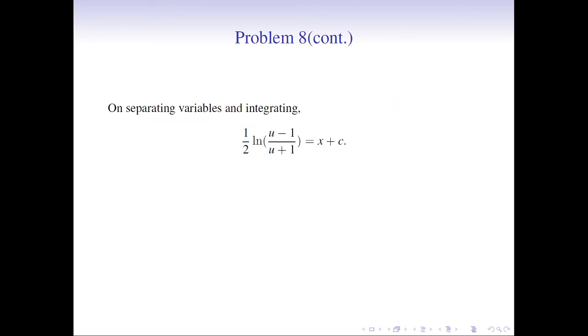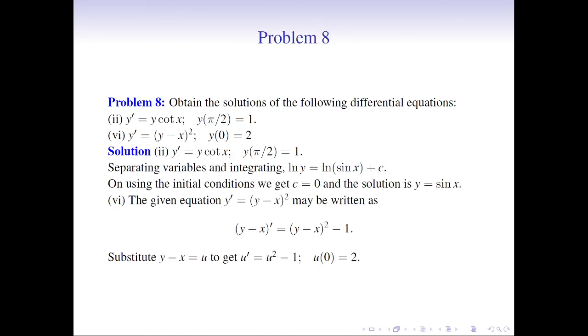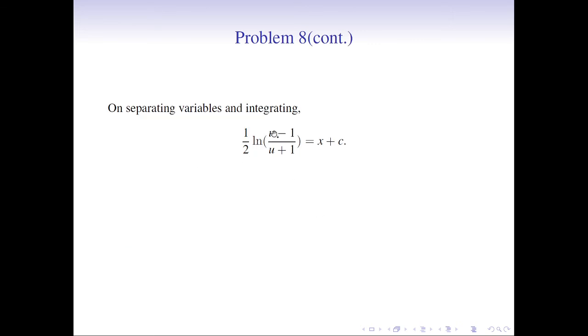And now it is just a matter of one line to solve this differential equation. You have to just separate the variables and integrate to get this. Hence you put 2 to that side, and you take exponentials to get a different constant of integration, which we call c tilde, where c is found to be 1 by 3.